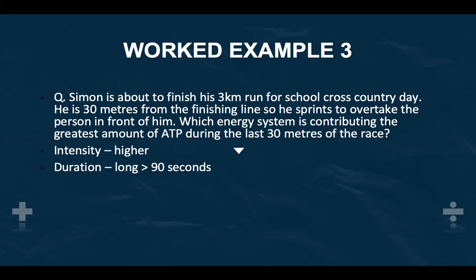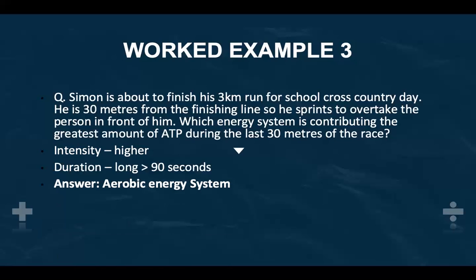And we know at the 90-second mark, the aerobic energy system becomes dominant. And once it's dominant, we also know it's dominant for the rest of the race, unless there's a break. However, in a cross country, it's a continuous sport, so you run the whole time, so there's no time to break to replenish those anaerobic systems. Therefore, the answer would be the aerobic energy system.